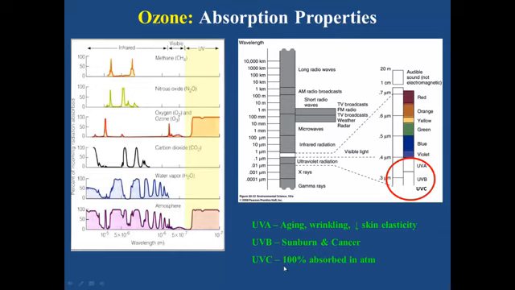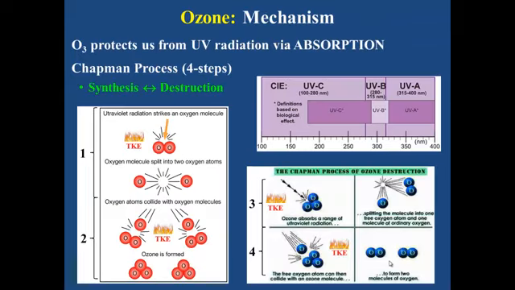And UVC could be potentially the most damaging because it's the most energetic, but as we'll see in later slides, 100% of the UVC wavelengths are absorbed in the stratosphere and don't actually make it to the surface of the Earth. Okay, so let's talk about the mechanism by which ozone protects us from this UV light. And as you might suspect, the main process here is absorption.